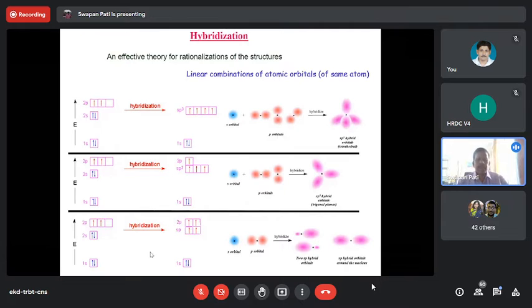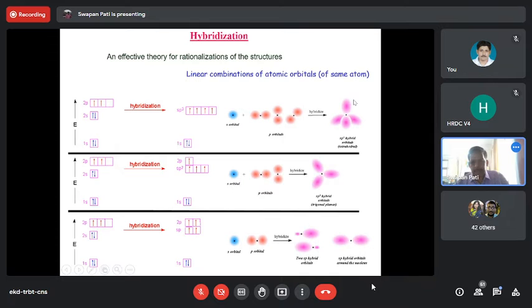Okay. In fact, it is one of the elements in the periodic table which can have all the possible hybridizations. For example, you can have sp, sp2, and sp3 hybridization, a linear combination of atomic orbitals. The first one is sp3, with 3 p and 1 s, mostly p-type orbital, and there is sp2, 2 p-type and 1 s-type, and sp, a 1 s-type and 1 p-type combination.